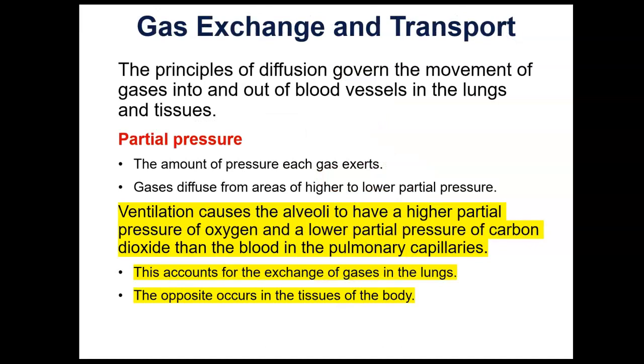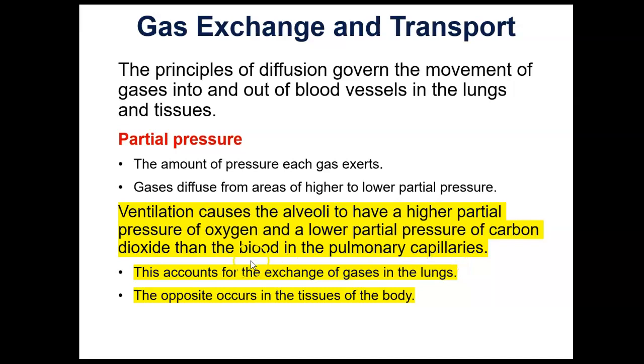All right, for gas exchange and transport, ventilation or breathing causes the alveoli to have a higher partial pressure of oxygen and a lower partial pressure of carbon dioxide than the blood in the pulmonary capillaries, the capillaries that surround the alveoli.